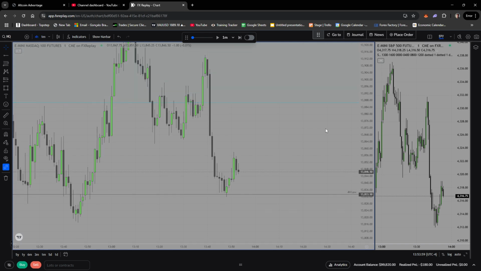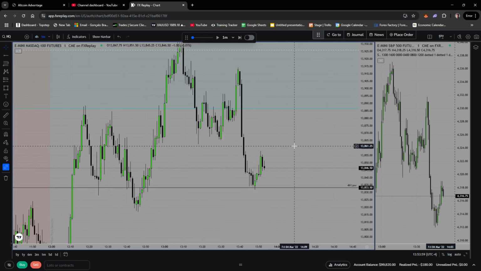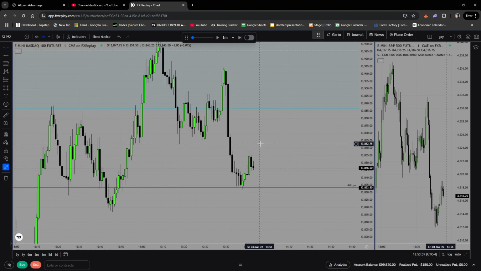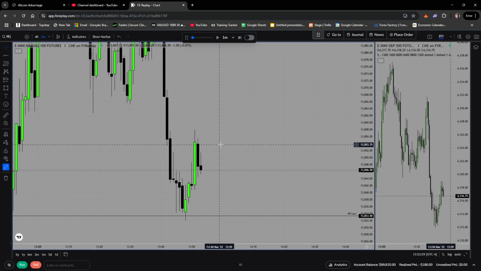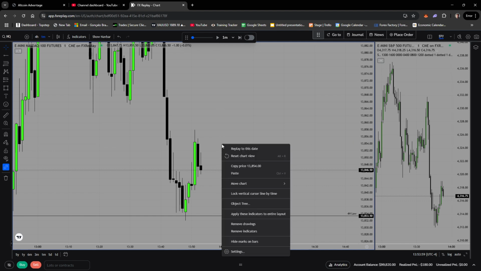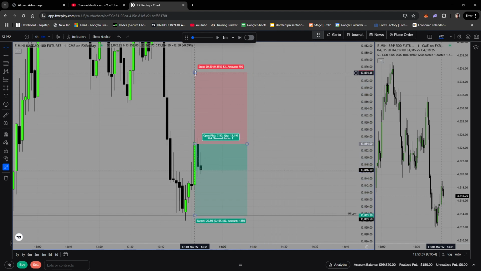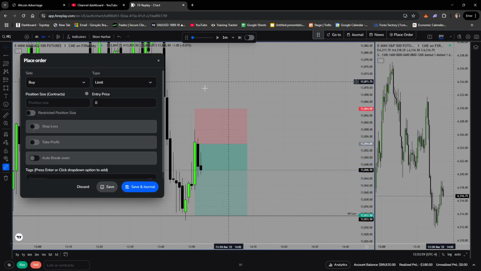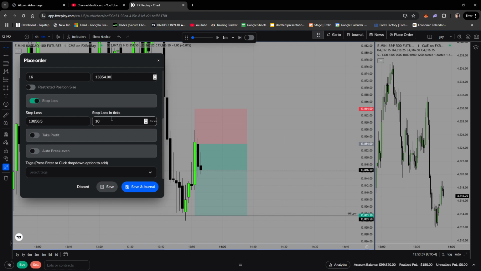So we're at the 4-hour low. Inside the gap. Okay. Try it. 16, stop loss, we want 40.